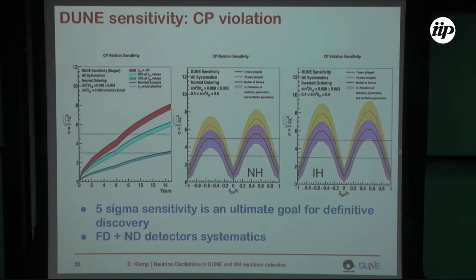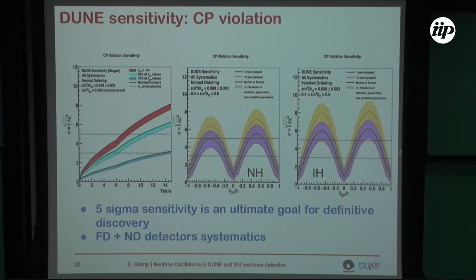Again, the purple band is for 7 years of data taking, and the yellow band for 10 years of data taking. So 5 sigma sensitivity is an ultimate goal for a definitive discovery for DUNE, and it requires very strong work, mainly based on the capabilities of the near detector.